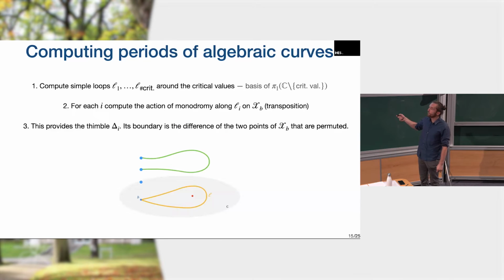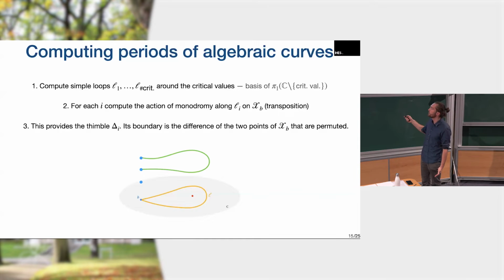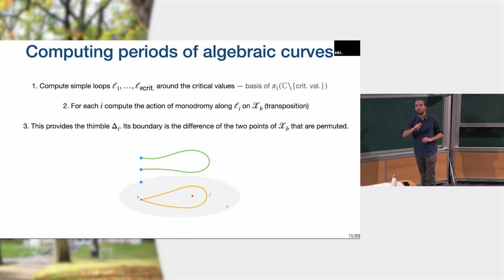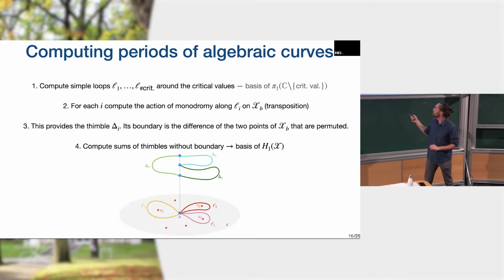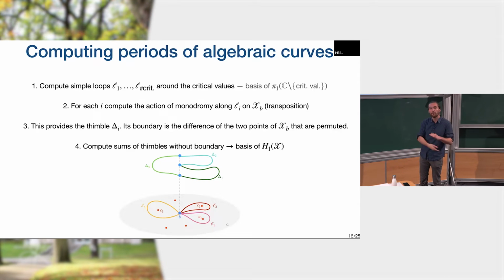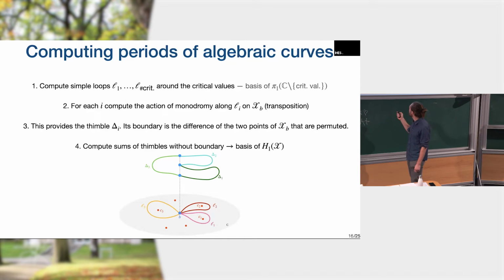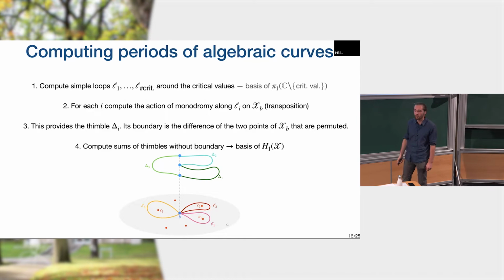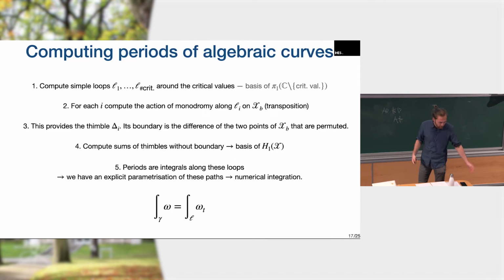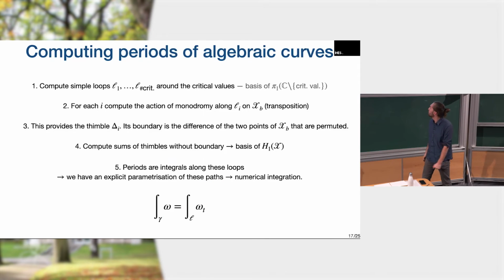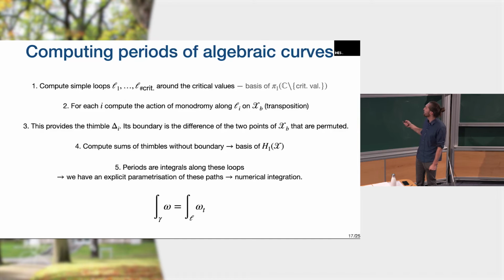Once you understand the monodromy, you have some understanding of the thimble, and more importantly, you have some understanding of the border of the thimble, because the border of the thimble is precisely the difference between the 2 points that get permuted. And once you have all the thimbles, you glue them up together using this, and you cancel out by these trivial combinations of thimbles, and in the end, you get some basis of the first homology group of your algebraic curve.